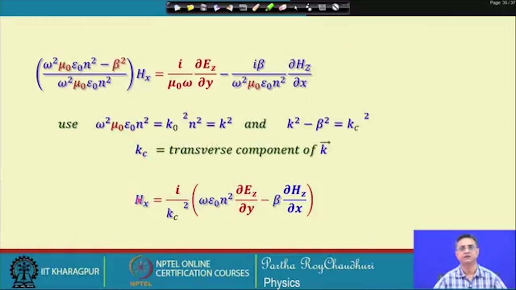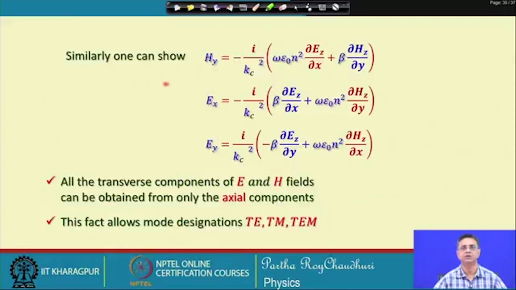So, we can write H x equal to this quantity, where this factor goes to the denominator on the right hand side: i by k c square, omega epsilon naught n square, del E z del y, and this. This now becomes the H x field. Similarly, one can show that H y equal to this quantity, E x equal to this quantity, and E y equal to this quantity, if I proceed in the same way and play with all the available 6 equations.